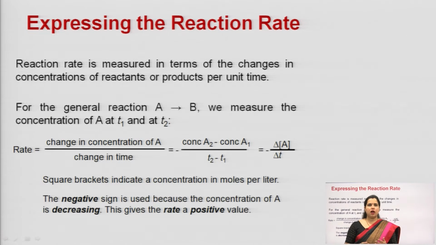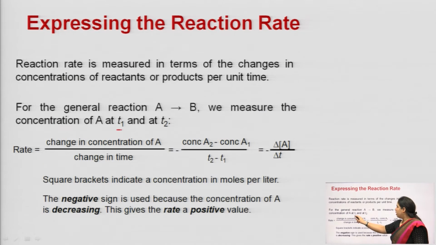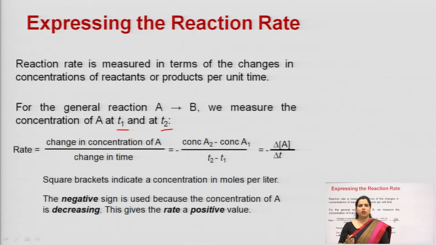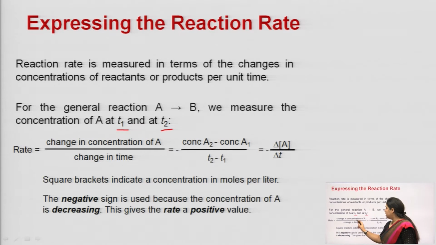So, for the general reaction A towards B, we measure the concentration of A at time T1 and at time T2. So, we consider it as time at one point and at another interval. So, rate of change can be measured using change in concentration of A over change in time.